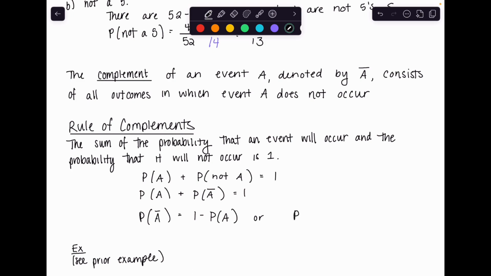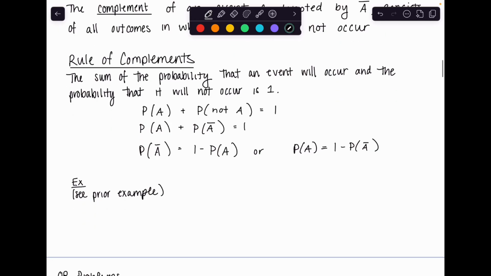Or you can switch it around. The probability of event A happening is 1 minus the probability of its complement. So if you have an event that you need to figure out and it seems really difficult, try looking at the complement. That might be something that's easier to calculate. And then you just do 1 minus that probability to get there.